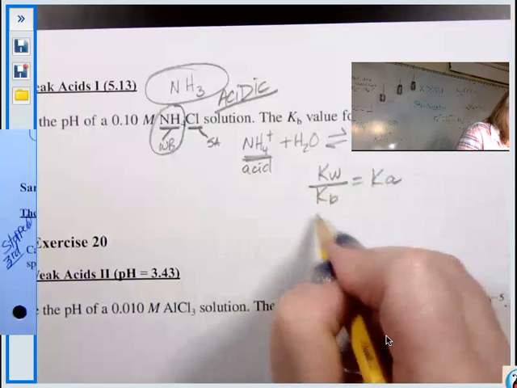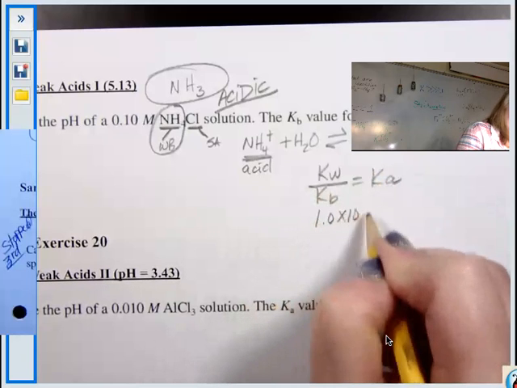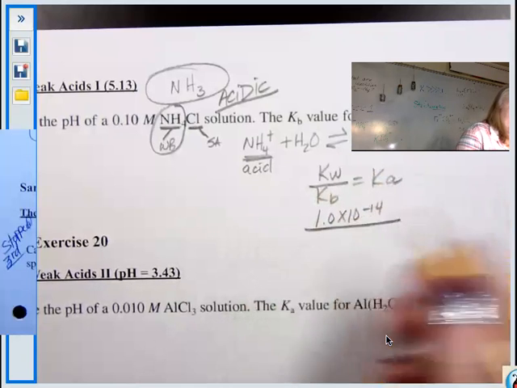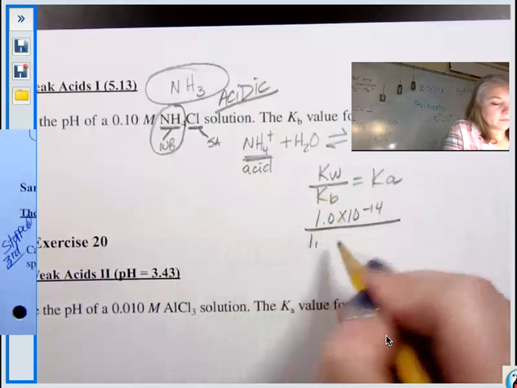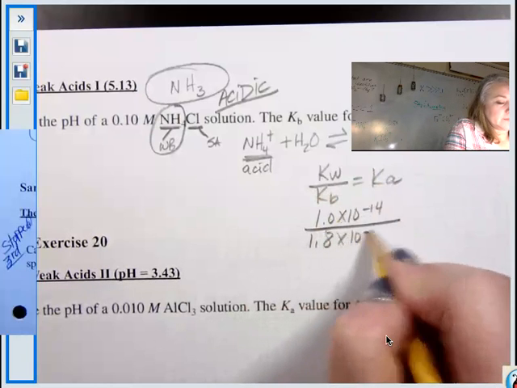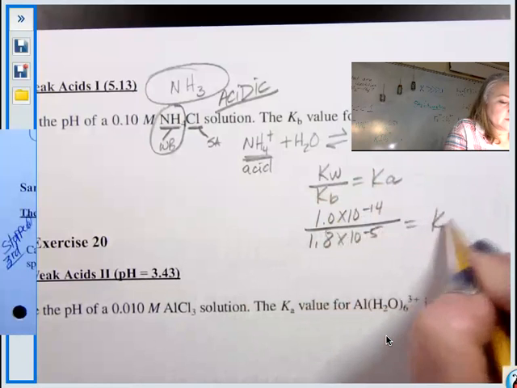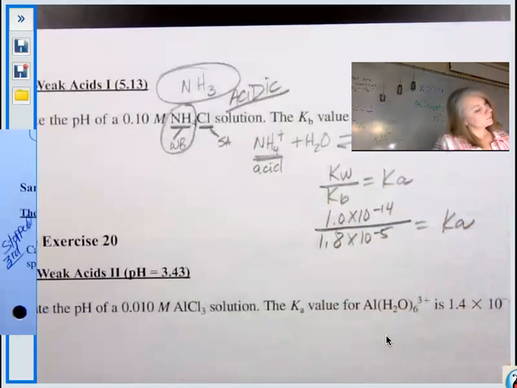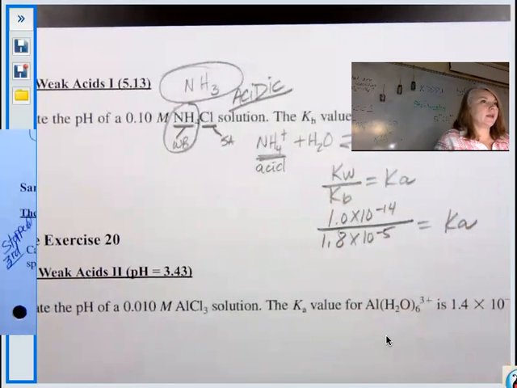All right, so 1.0 times 10 to the negative 14th divided by 1.8 times 10 to the negative 5th is going to give us our Ka. That's just a constant. We're assuming that this is happening at 25 degrees Celsius, so that is the constant for water as long as that's your temperature.